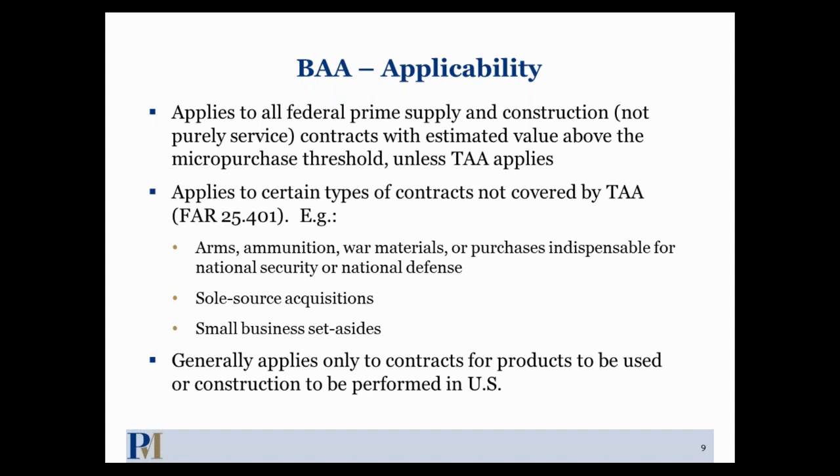So if we have a dollar threshold for TAA, in many cases it's going to be 180,000, and we have some slides on that. But if we have this general window that BAA is going to apply from micro purchase, let's call it 10,000, to the TAA threshold, let's call it 180,000.